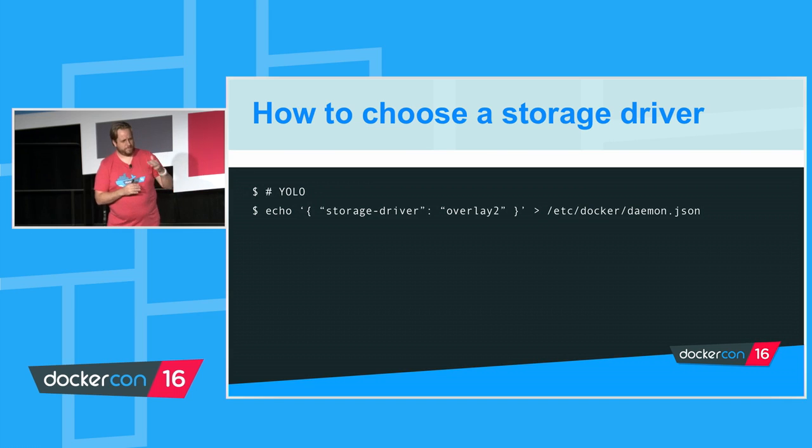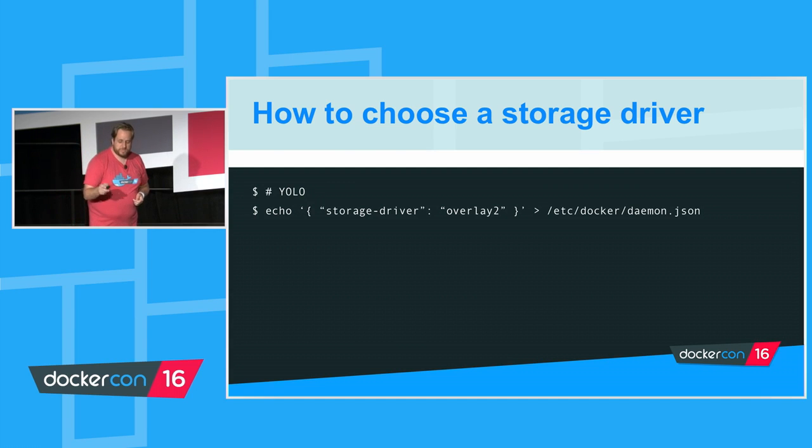And by cross-platform, I mean more like Red Hat versus Ubuntu, not Linux versus Windows, although this does work in Windows, but it's going to be in a different path, obviously. So I'm assuming here, of course, that there's nothing else in this JSON file, and that you live on the edge and you want to use overlay 2. And please do try out overlay 2, because we really need people to test it to make sure it's good and works for everybody.